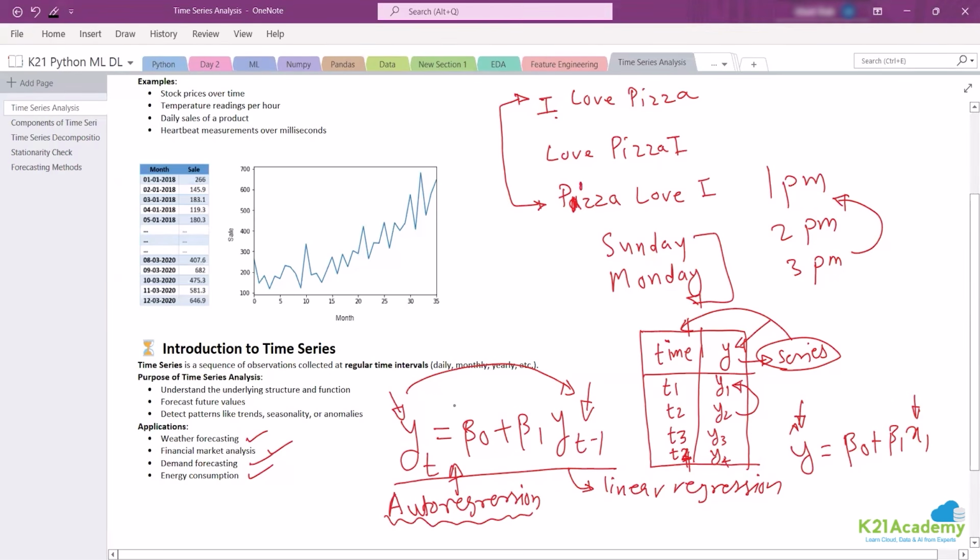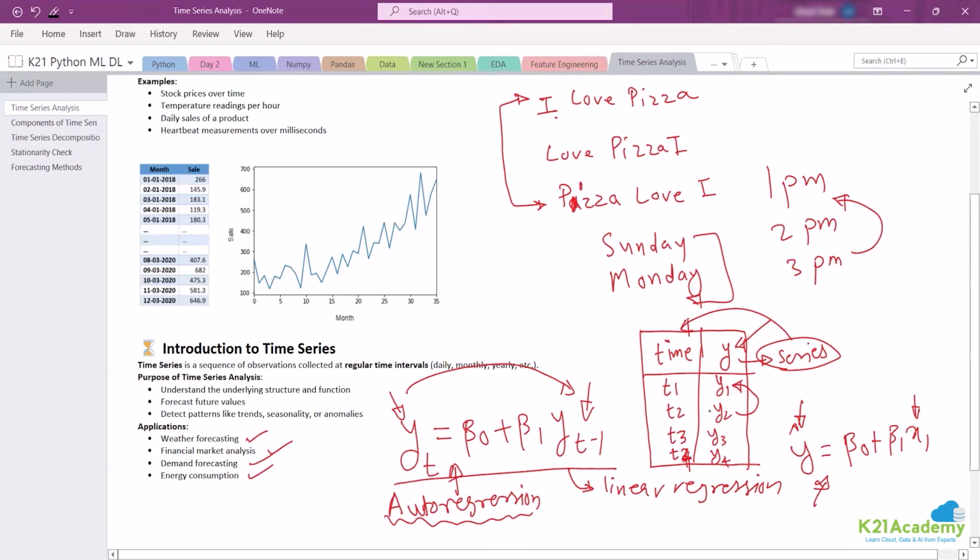Now it is derived from the equation of the line. Many times it will be asked that if both the equations are the same, can we use linear regression for time series analysis?